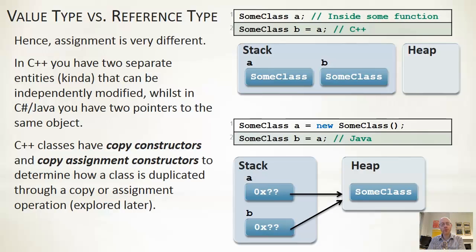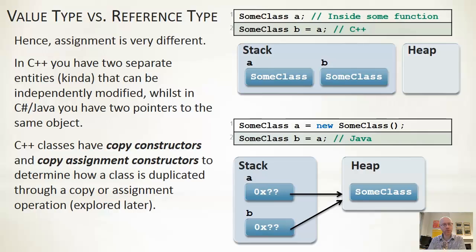The most important one is the notion of assignment. So again, let's have a look at how Java and C# and other managed languages use reference types, how they work. And you see that example on the bottom right. Here we're doing some class A is equal to a new instance of that class. And we've got some class B, so we've got a reference type B, and we're saying B is equal to A. What that will end up resulting in is what we see underneath, where we only have one object.